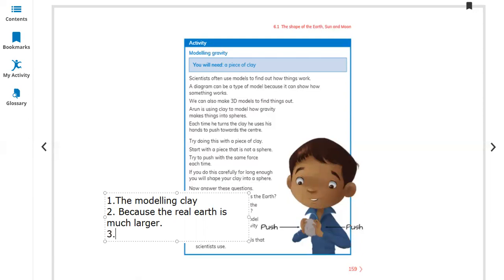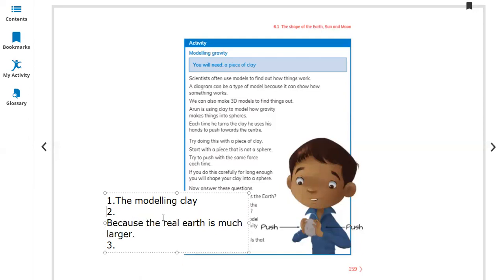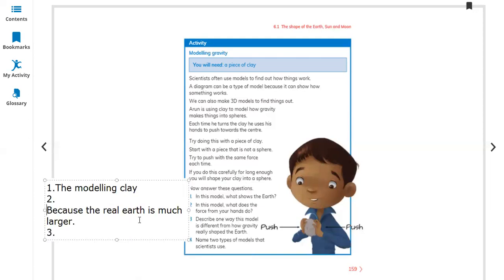So it's up to you. This is the answer for three. In this model, what does the force of your hand do?